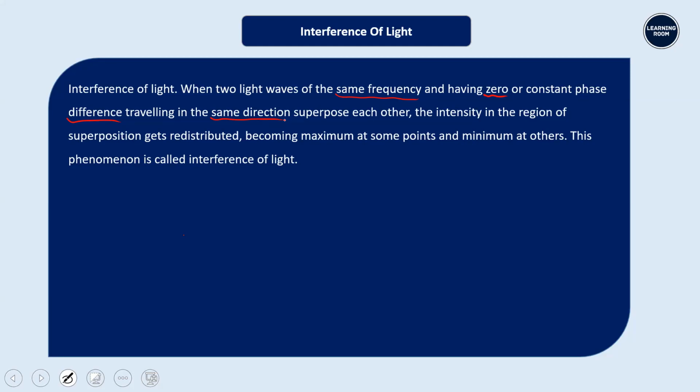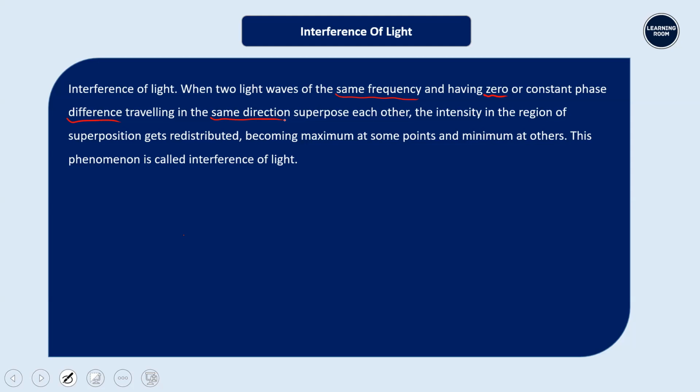If those two light waves are able to superpose on each other, then there will be different regions where the intensity will vary. What the statement says is that the intensity in the region of superposition gets redistributed. What I mean by redistribution is that some spots are bright and some spots are dark. At bright spots you can say the intensity has got added up, and at dark spots you can say the intensity has got nullified.